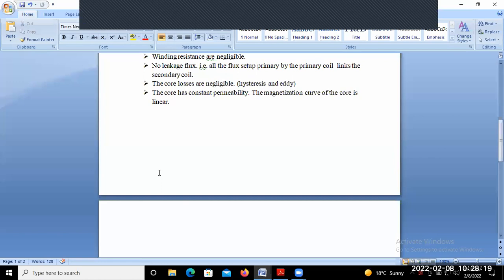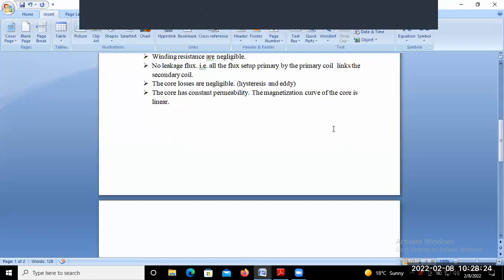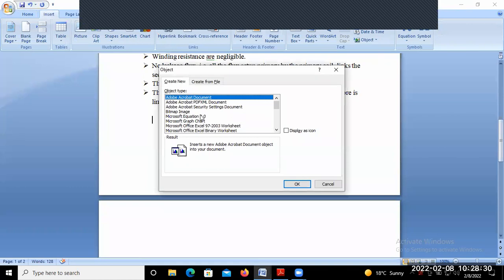So just represent the value of voltage here in instantaneous form. That means small v equal to v maximum sin omega t.